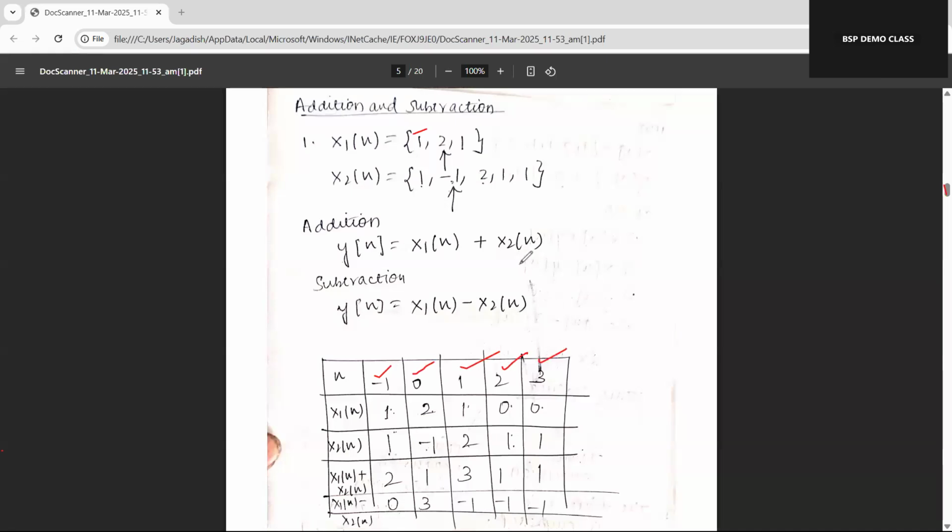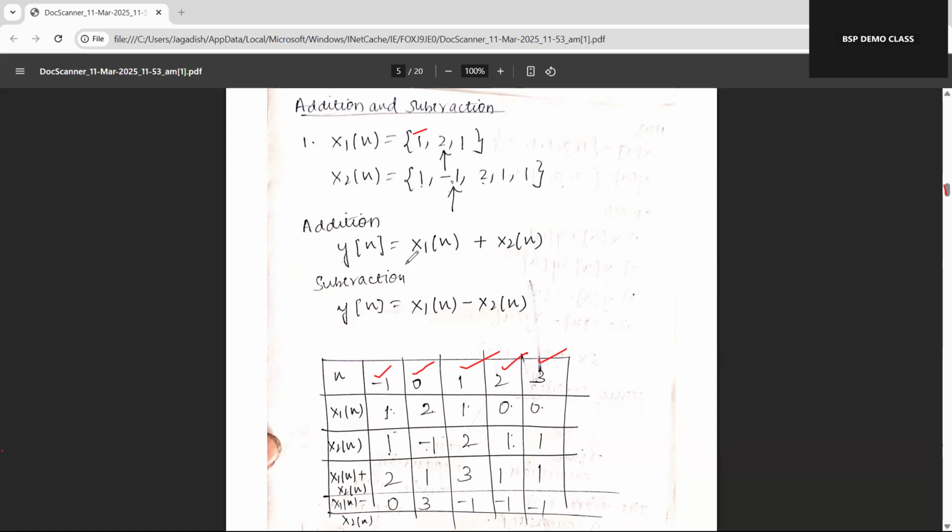This table you have to write for every problem, whatever question they ask. This is the first concept, addition and subtraction. You have 6 kinds of topics like that, and you have to learn all 6. Only then can you solve whatever problem they ask.